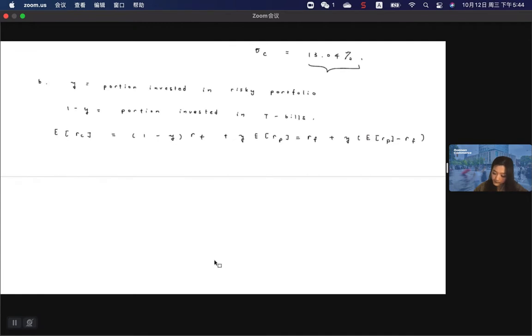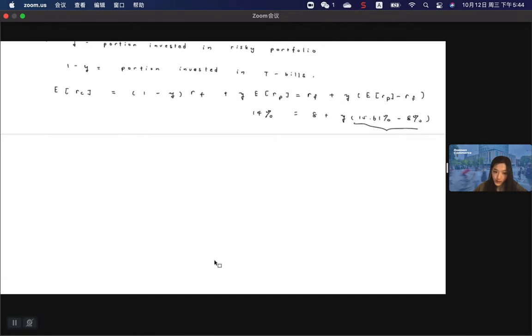Again, we set this 14% equal to 8 plus Y times the return of the risky portfolio minus 8%. So this is basically the market risk premium. And then we back out Y, which should equal 0.7884.